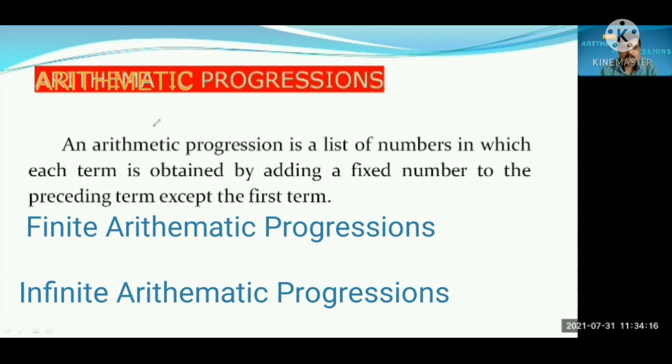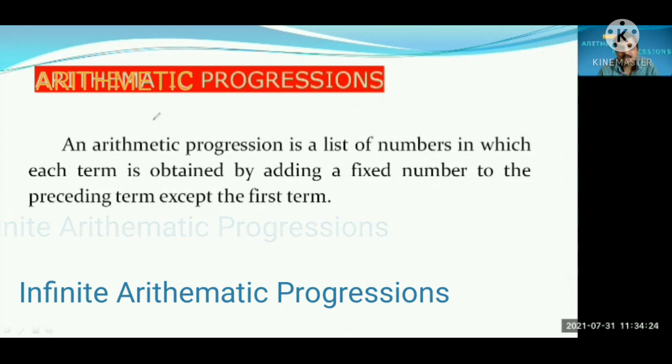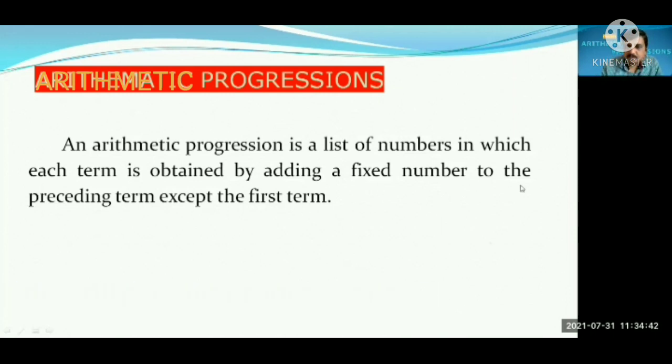In the example we saw, 3, 6, 9, 12, only 4 terms are there. If 4 terms are there, then it is a finite arithmetic progression. If we write dots, meaning 'and so on', in front of the last term, then it is an infinite arithmetic progression.